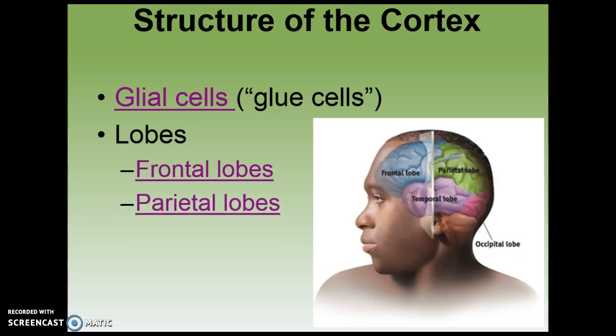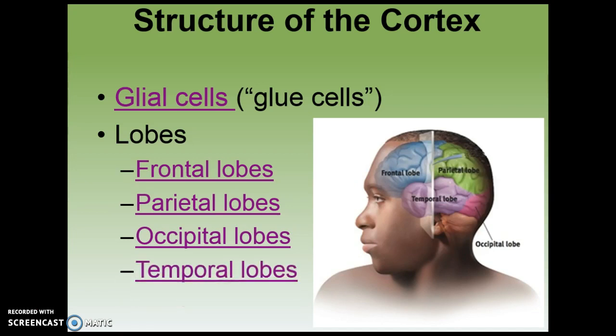The occipital lobes at the back of your head. Reversing direction and moving forward, just above your ears, you find the temporal lobes. Each of the 4 lobes carries out many functions, and many functions require the interplay of those lobes.